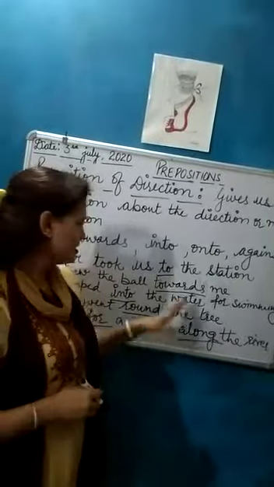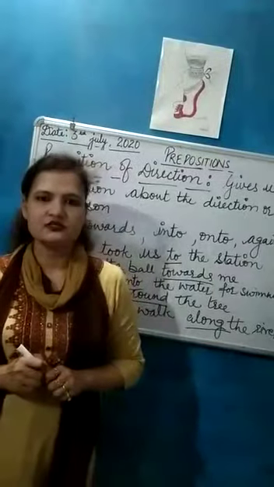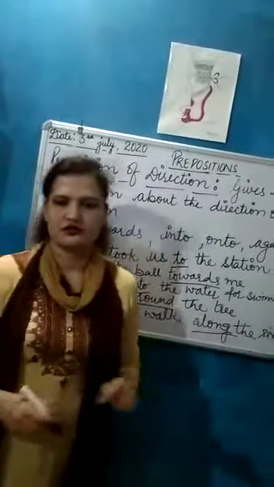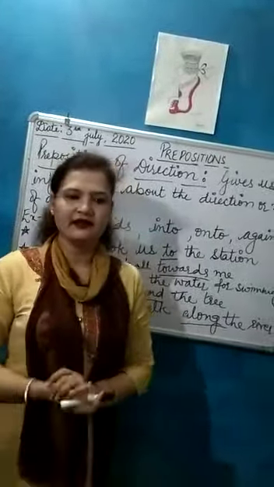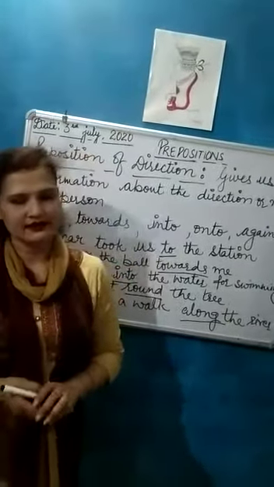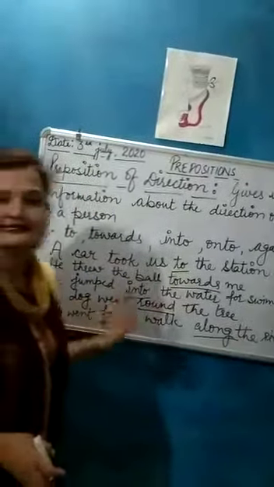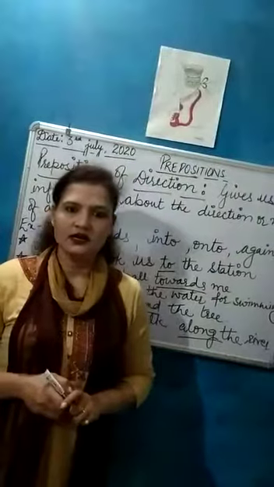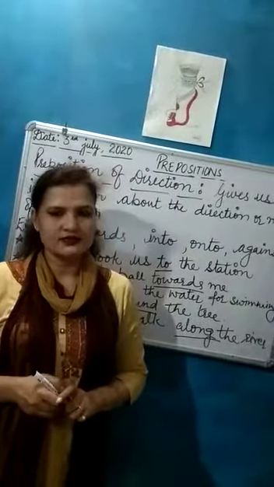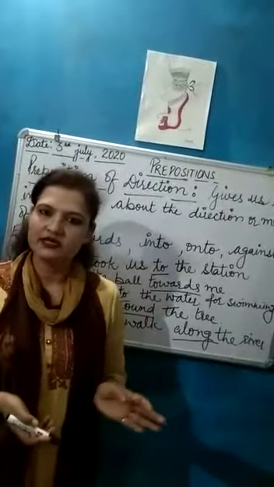Here, the underlined words are prepositions of direction, which indicate the direction or movement of persons and things with respect to something in the sentence. They also show us to where or in which direction something moves.